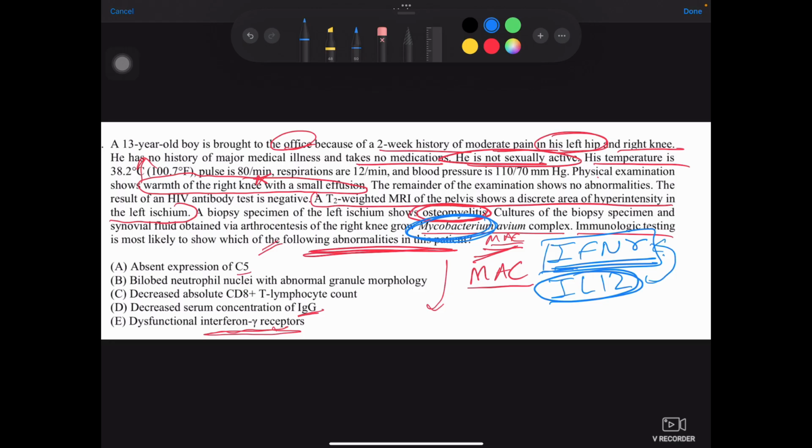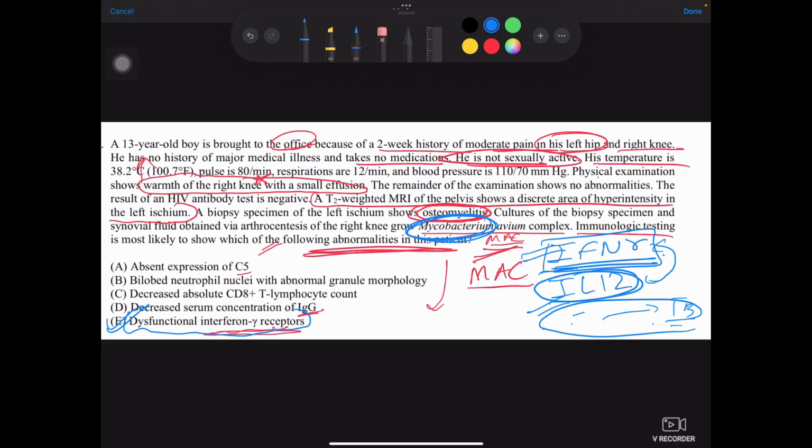I have learnt a lot about IL-12 receptor deficiency where you have disseminated TB. There is a line in First Aid, and I know that interferon gamma does interact with IL-12. So my best guess will be this. I don't know the answer.